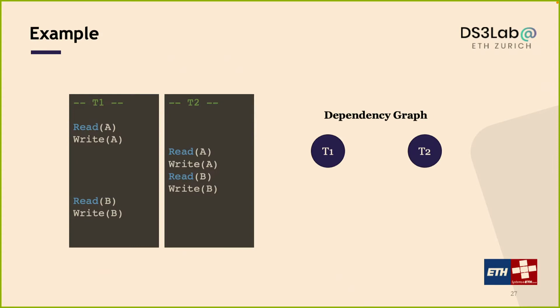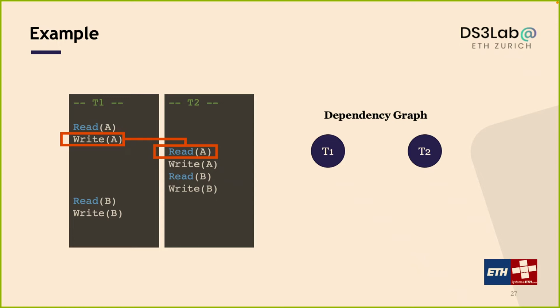Let's look at one example. Here's a schedule that contains two transactions. In the dependency graph, each transaction becomes a node. I look at every pair of operations in the schedule. For example, I have write A in T1 followed by read A in T2.